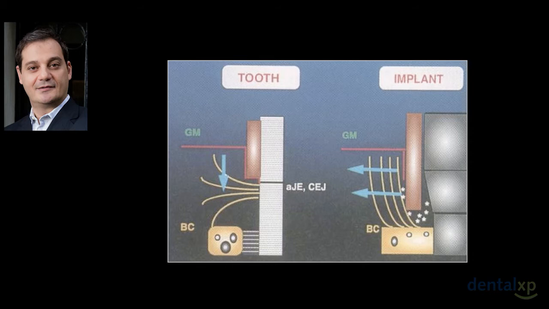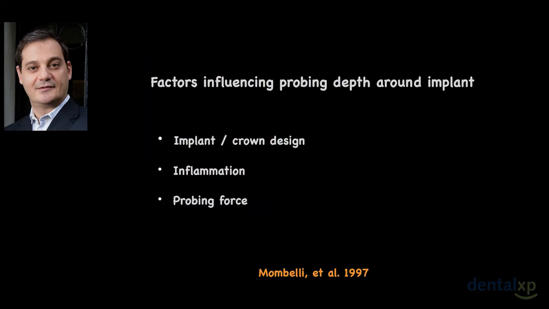Around an implant, those fibers are not there, and the probe will go all the way up to the bone, 0.2 millimeter. This is a very important fact, and it is still valid today. That's why it is very controversial when we talk about probing around an implant.